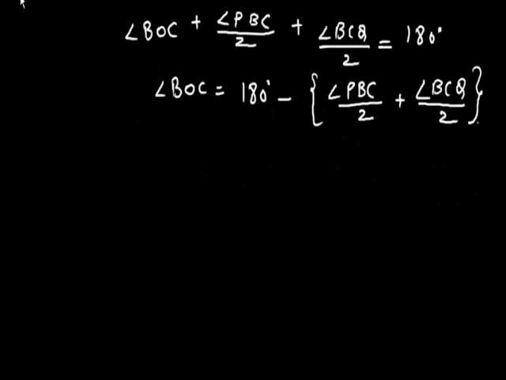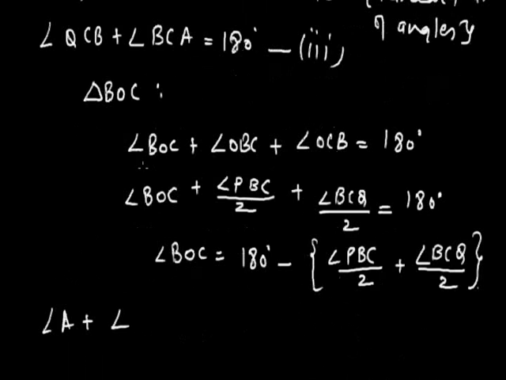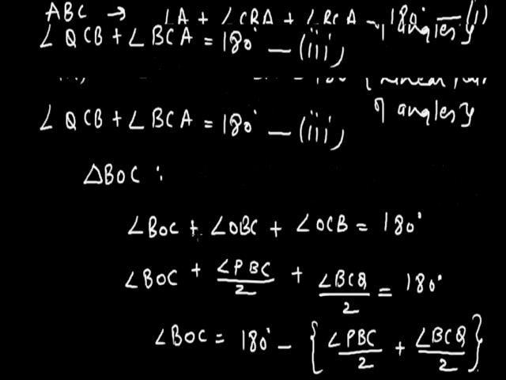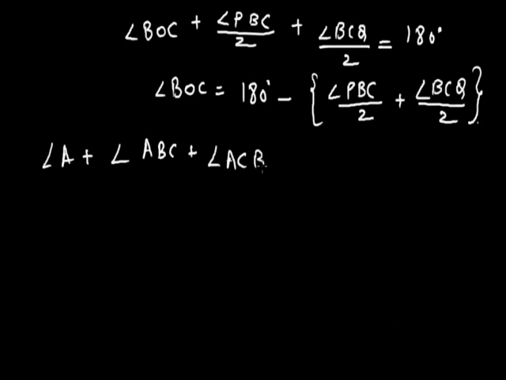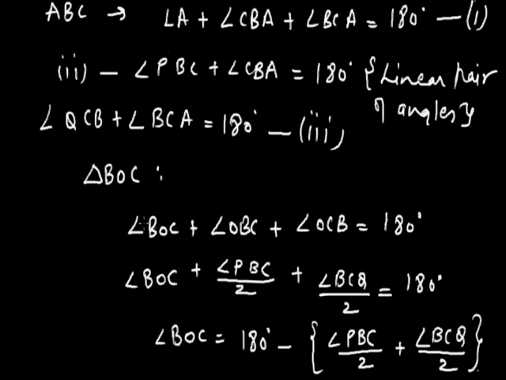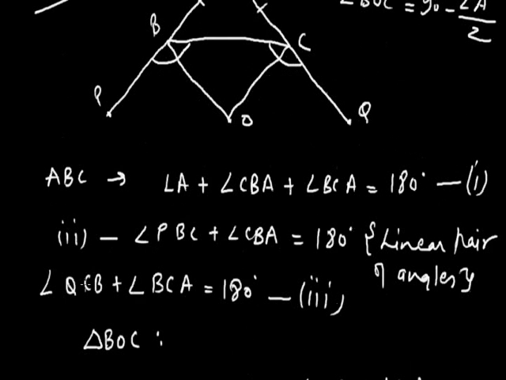Now we can see that angle A plus interior angle B, which is angle ABC, plus interior angle C, which is angle ACB, is equal to 180 degrees. And I know that exterior angle B and interior angle B form a linear pair of angles.